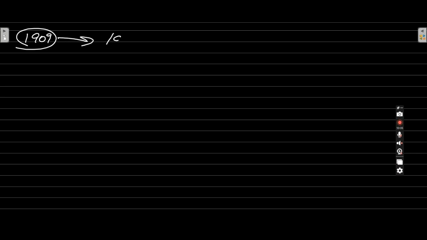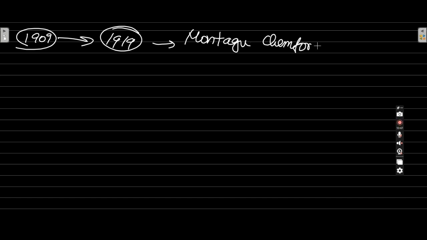So we are now progressing to 1919, the famous one, the most famous Montagu Chelmsford reforms. This is the most famous of everything. This happened during the Khilafat movement. This was the main reason, like one of the instigators of the Khilafat movement, and this brought a hierarchy system of government.